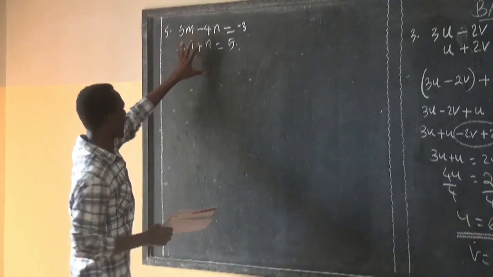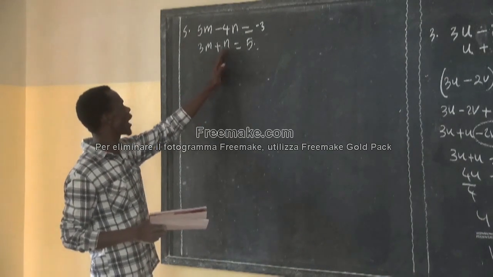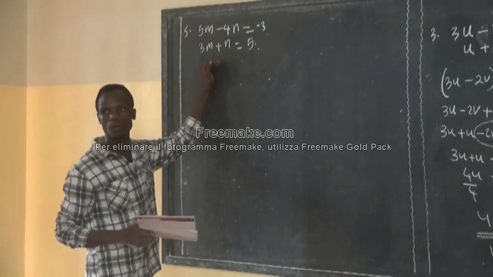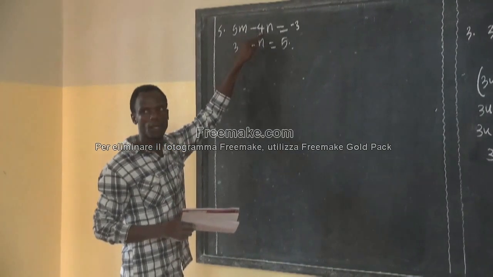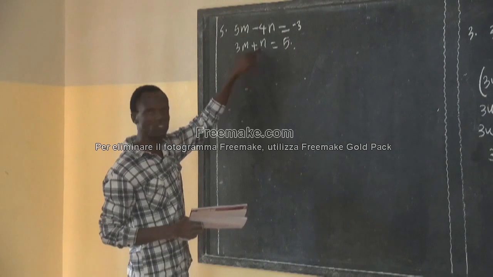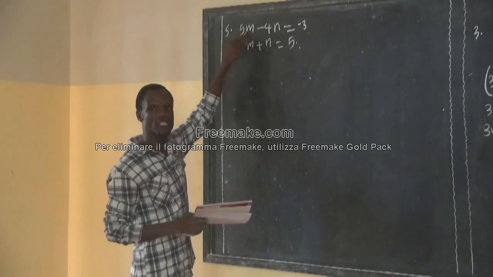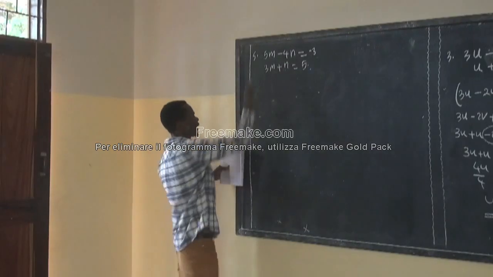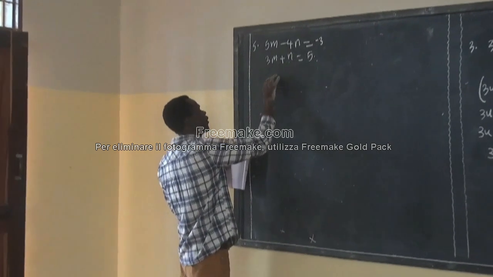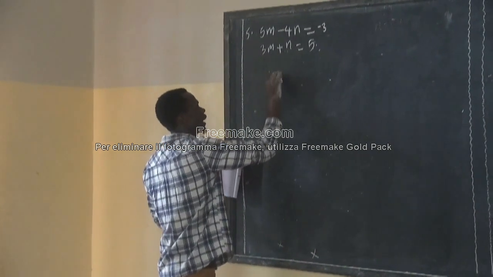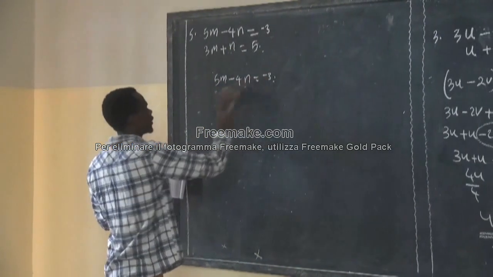When you look at it carefully, you find that there is no place where you can find the coefficients are equal. The coefficient of n in the first equation is negative 4. The coefficient of n in the second equation is positive 1. The coefficient of m in the first equation is 5. Now let us interchange. Now you have 5m minus 4n is equal to negative 3.